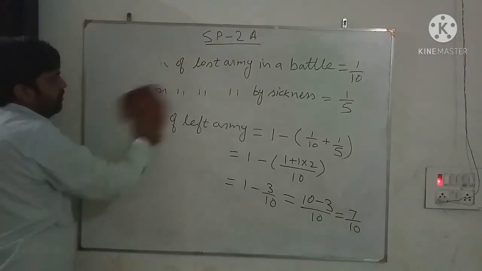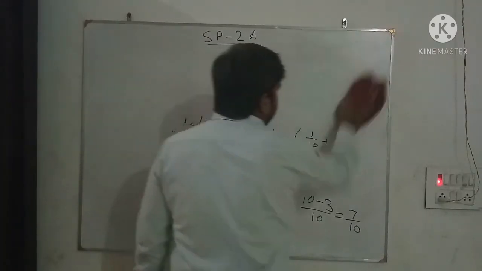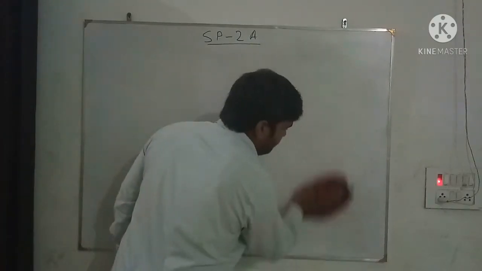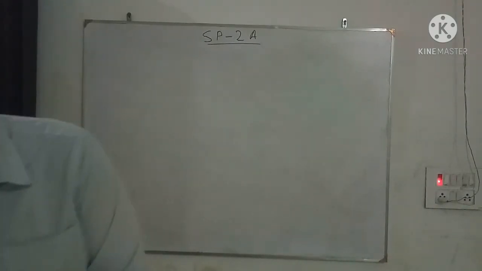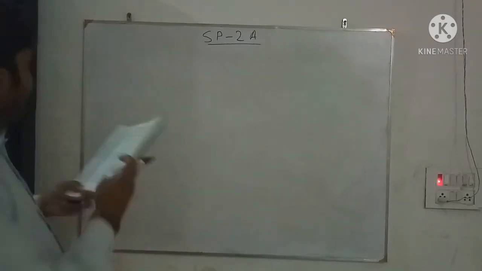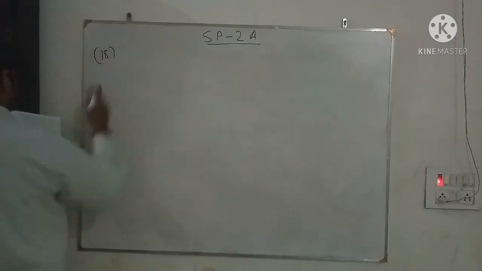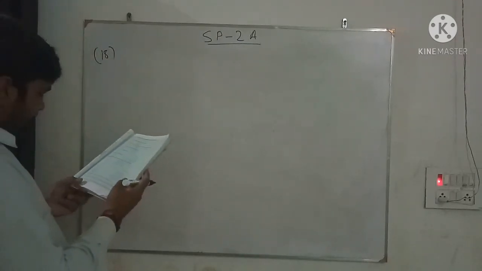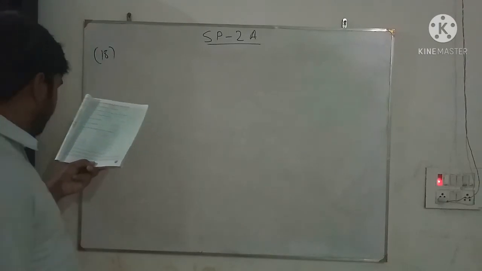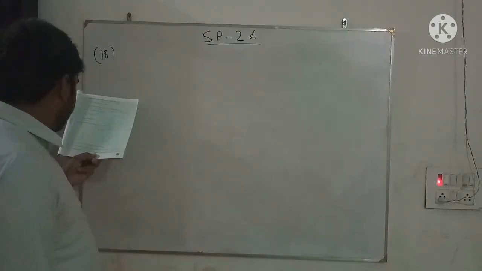Okay, now I will explain you the last question, number 18. And after this exercise, self practice 2A will be completed. So in question number 18, see what is there. In a certain magazine, 11 by 27 consists of the advertisements and 1 by 3 of the illustrations. What fraction is the readable matter?